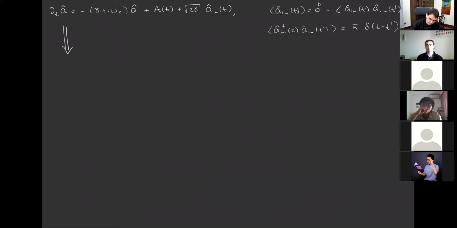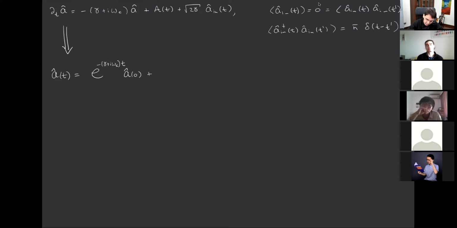And in particular, this is a linear equation of the same type that I already solved before the break, so at the beginning. And I remind you that the solution of this equation is very simple. You just have to write down the zero time contribution and then an exponential of the linear coefficient, this minus gamma plus i omega c, times the time, okay?